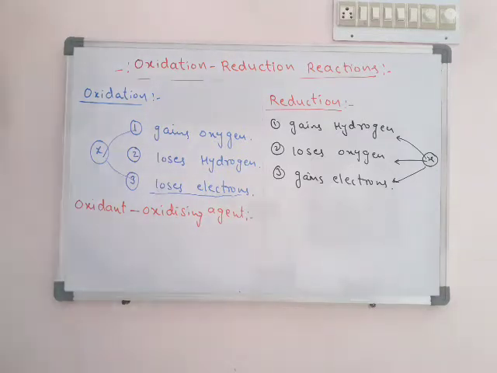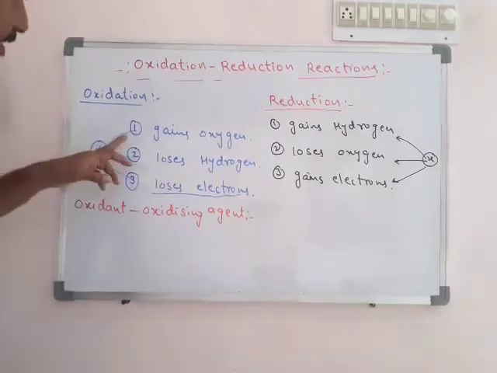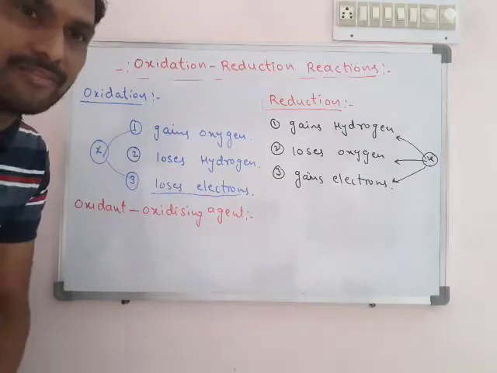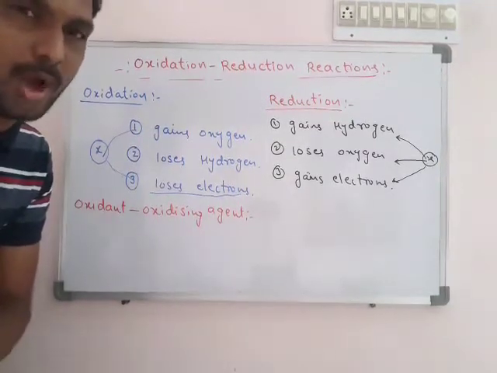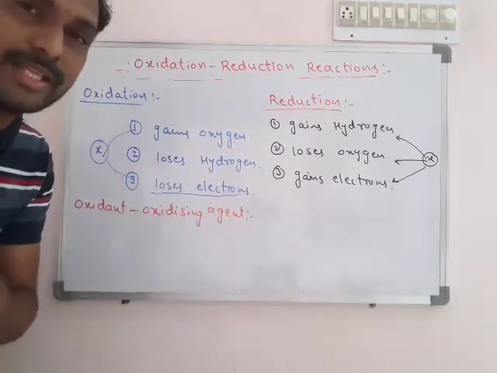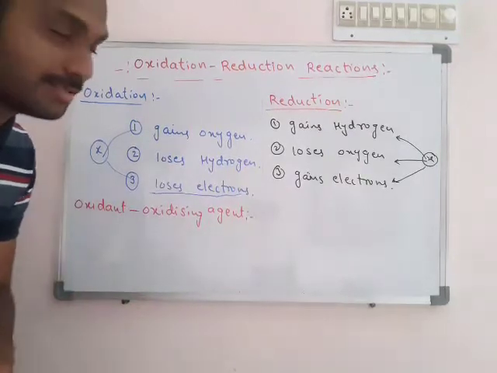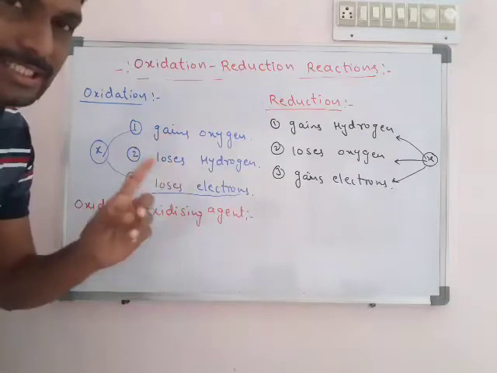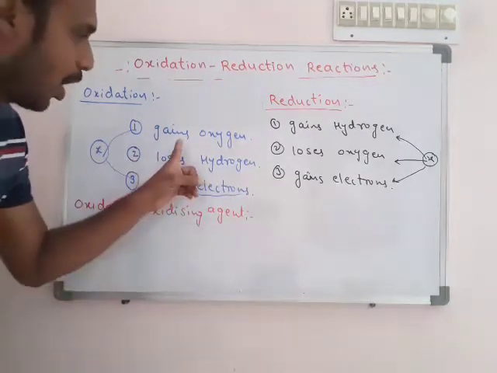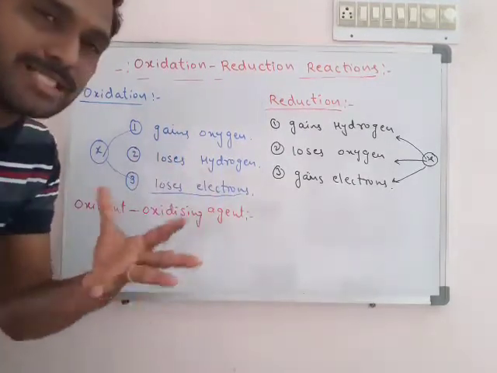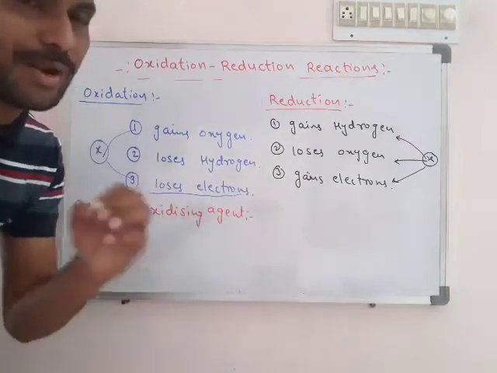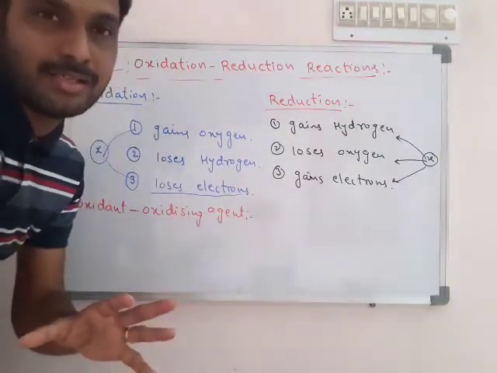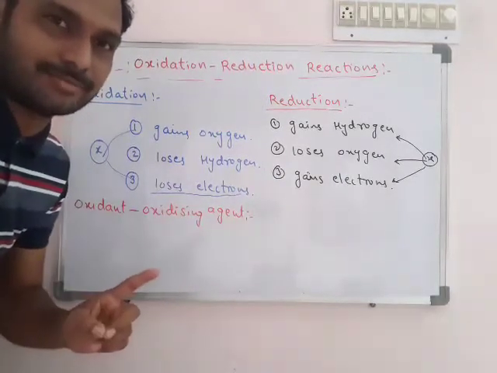See here, if X wants to be oxidized, it must gain oxygen. That is one choice. To gain oxygen, some other species should be there which provides that oxygen.